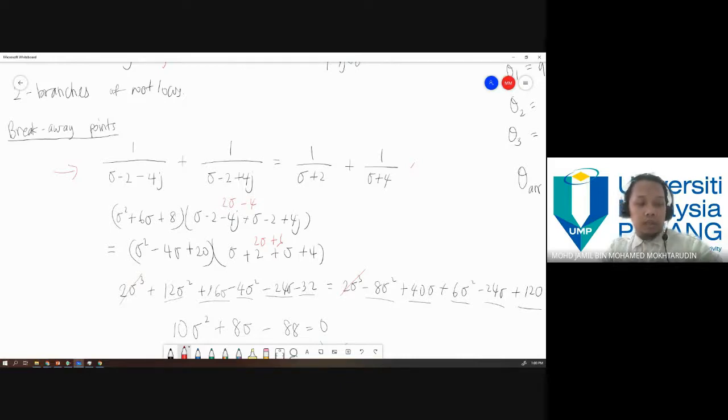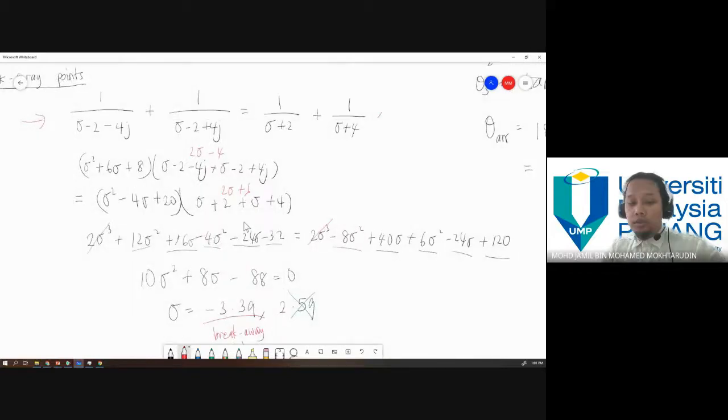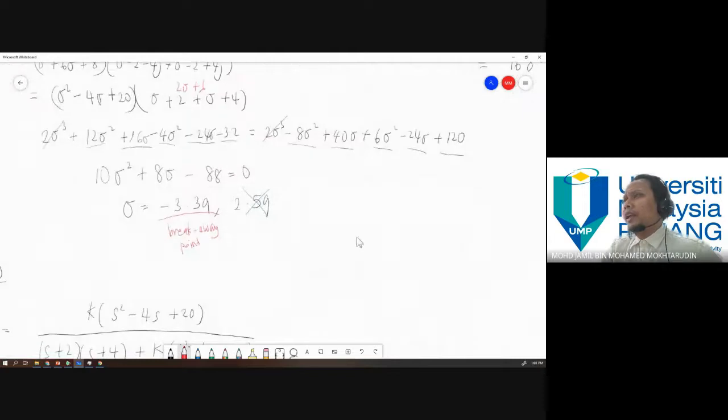If in calculator, I think you can use the shift solve. There's a solve function written in your calculator. Okay, so try, if you have time, try to look at YouTube how to use the solve function in your calculator. So instead of simplifying by hand, you can use the solve function. But you are doing this online test, kan?